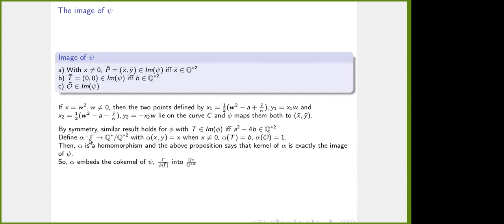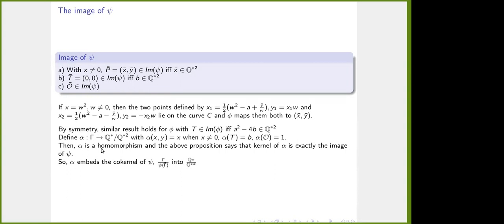So a rational point on the elliptic curve C bar maps to the identity in this quotient exactly when it's in the image of C. So the image of psi is the kernel of alpha.